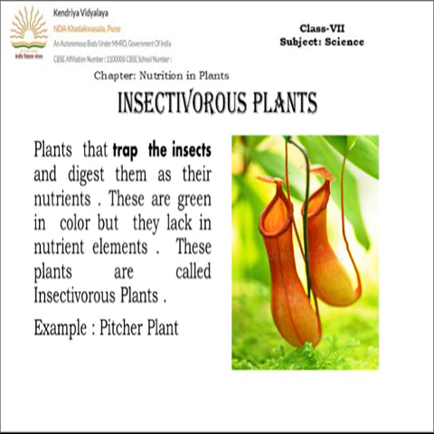So to get all the nutrients, the plant traps the insects. All other nutrients the plant gets from the body of the insects, and therefore these plants are called insectivorous plants. One example, the picture shown here on the screen, is the pitcher plant. Fine, let's move on to the next slide.